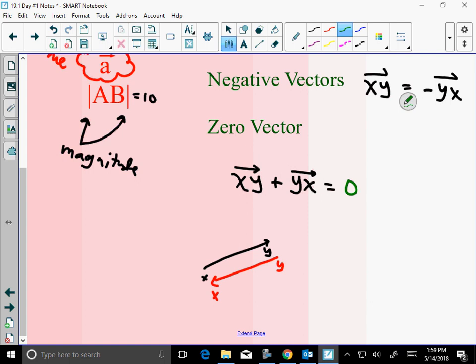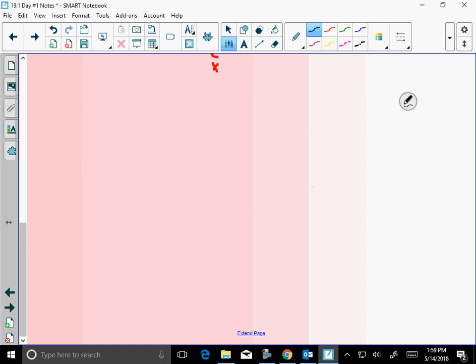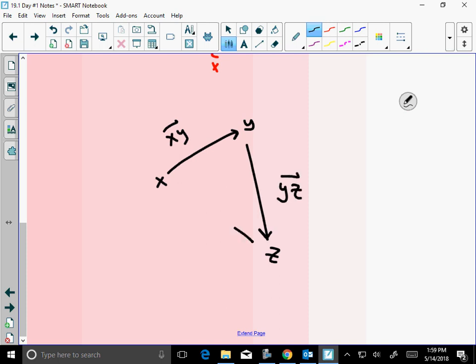Is it possible to add up more than two vectors and get the zero vector? I can do it with an even number, and I can do it with an odd number. Check this out. I'm going to go from x to y, and then I'm going to go from y to z. So there's vector xy, there's vector yz, and then all I need is zx to complete it.